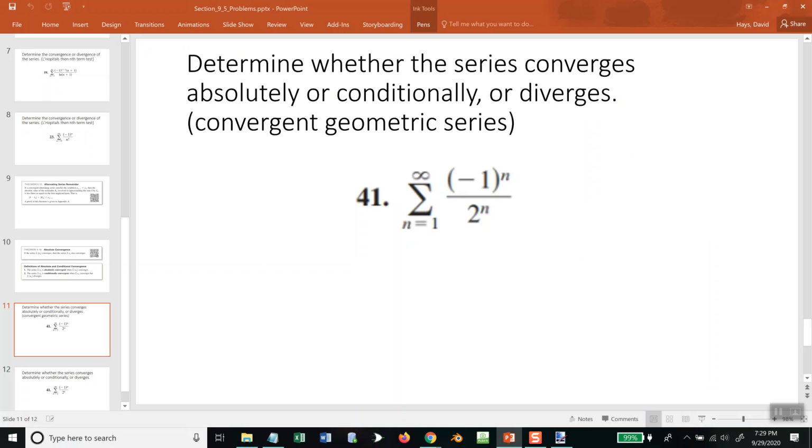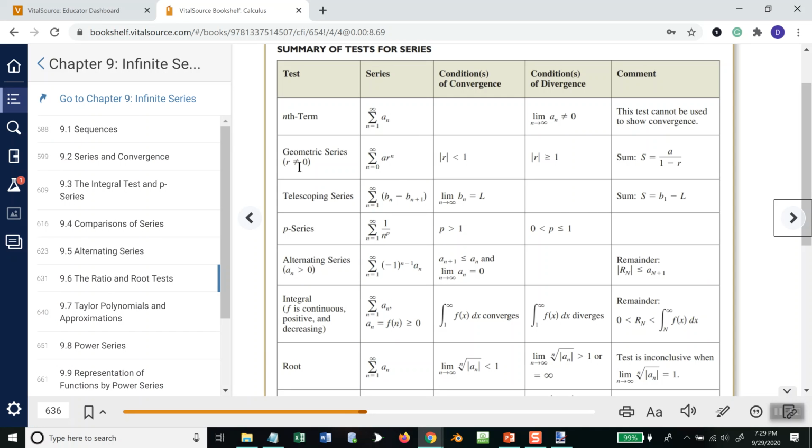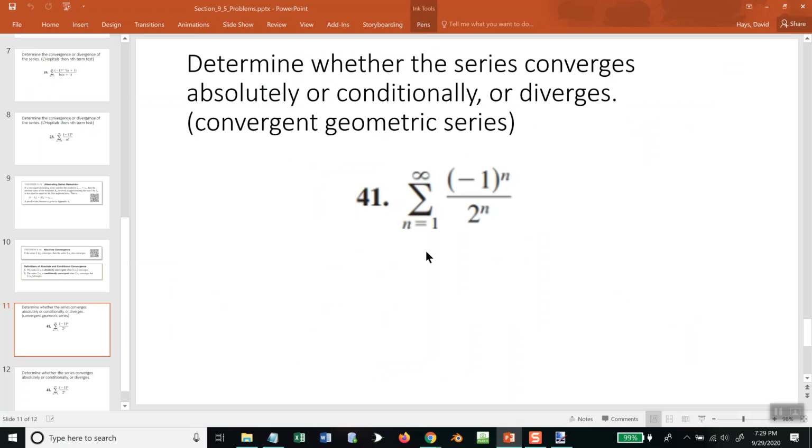Okay, instructions say determine whether the series converges absolutely or conditionally or diverges. And at some point in time, we'll have to use this fact, convergent geometric series. Hopefully it's on this page. Yep, here's the geometric series. Okay, so let's take a look.